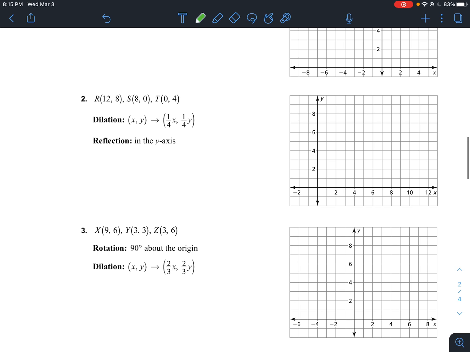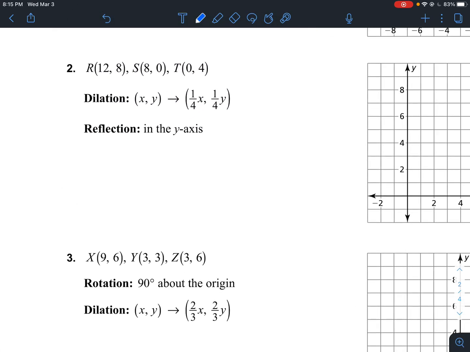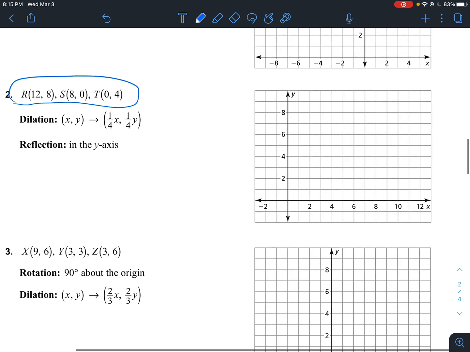I'm going to come here and talk about reflections. First of all, let's graph what we have. We're given these 3 points. R is 12, 8, and then we have S at 8 comma 0, and T at 0 comma 4.